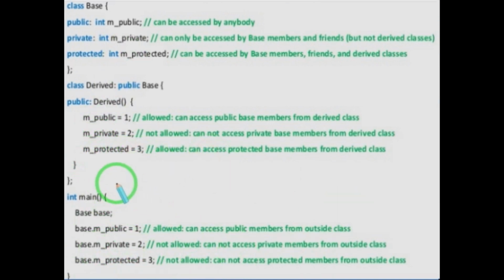This is for the derived class. Outside the class, yes, you can access m_public outside the class. Private member, no, you cannot access a private member outside the class. See here, not allowed. What about protected? No, you cannot access a protected member outside the class.